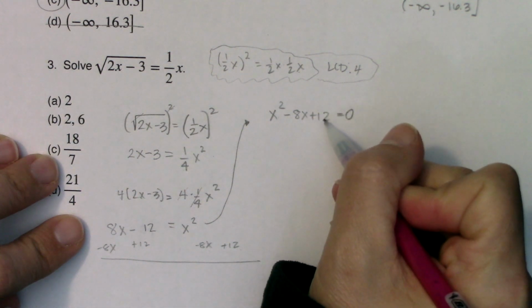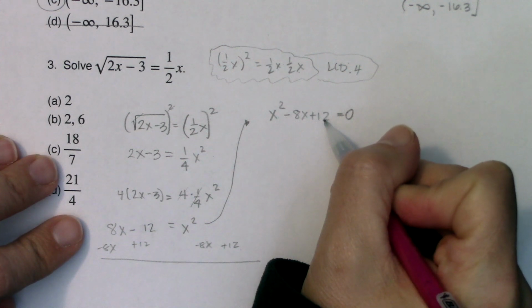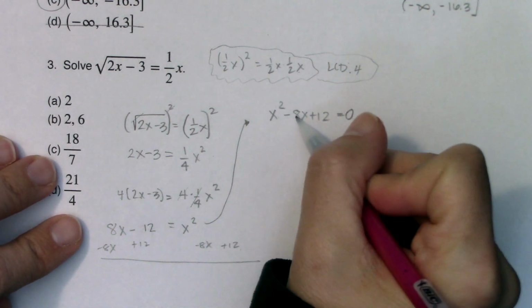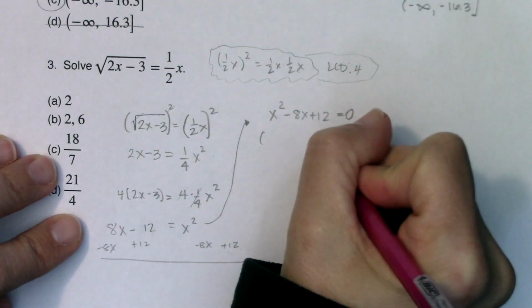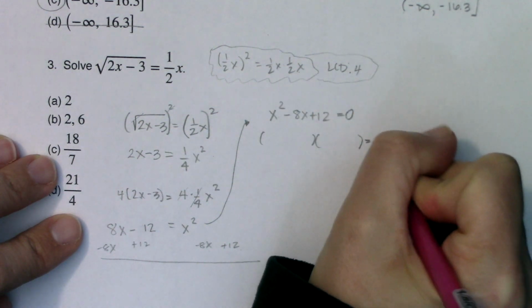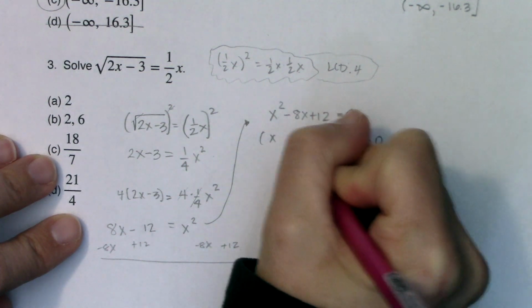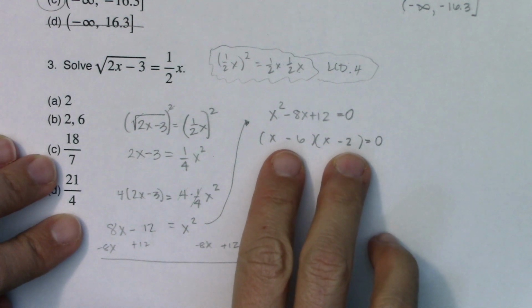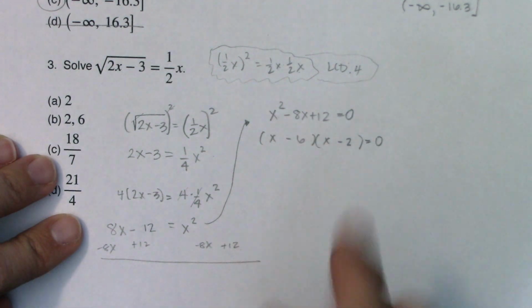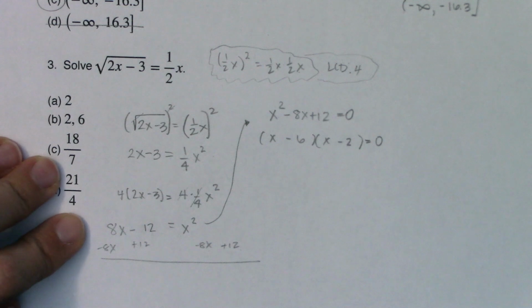So now I'm looking for 2 numbers that multiply to positive 12, but add to negative 8. Depending on how comfortable you are with factoring, you might be able to feel out that if I used negative 6 and negative 2, I could do that, right? Because negative 6 minus 2 is negative 8, but negative 6 times negative 2 is positive 12.